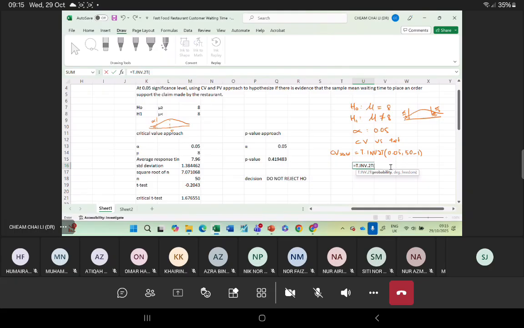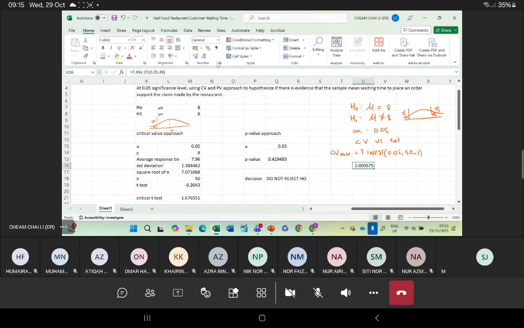You have this 5%, so you just need to key in 5%. And then degree of freedom 49. So you enter. And the critical value of the test statistic is 2.0095.